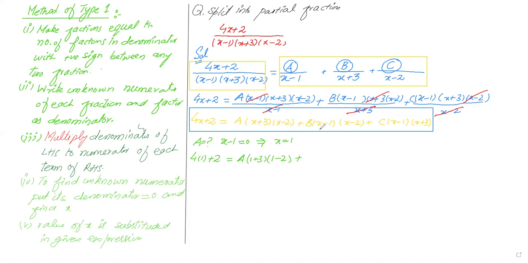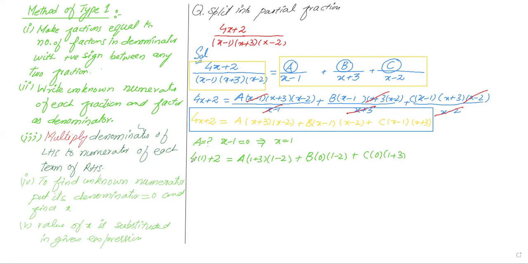Now the other coefficients, B. x minus 1 is replaced by 0. So B times 0 into 1 minus 2, plus C times 0 into 1 plus 3.